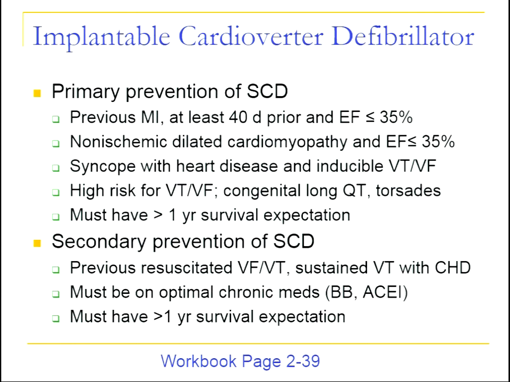Primary prevention is someone who hasn't had sudden cardiac death yet. Secondary prevention is someone who has, or we've got a reproducible arrhythmia. And their EF has to be low. So these criteria are worked out on who gets a device or not. But by far and away, if your patient can get a device, it will save their life more often and better than antiarrhythmic therapy.